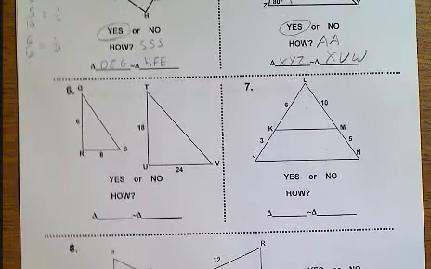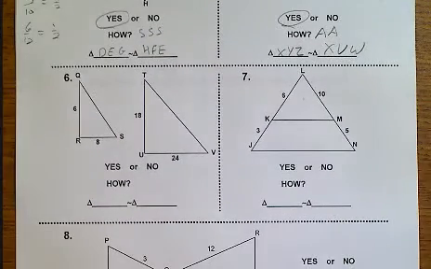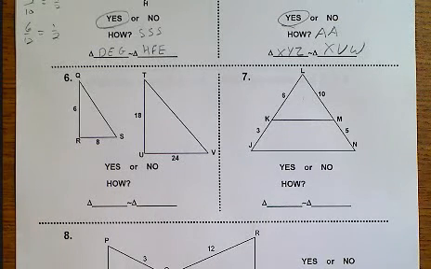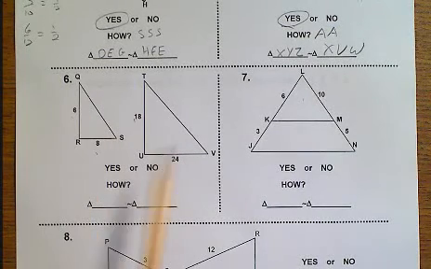Let's go ahead and talk about number 6. Well, I'm looking at these and I'm very tempted to say that that's a right angle. But it's not marked, and so I cannot say that that is a right angle. So I'm looking at this and all I know are my sides.